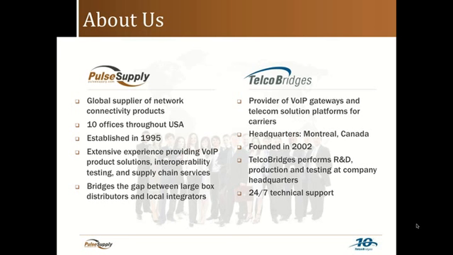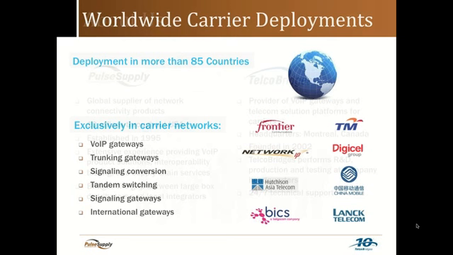The company has existed now for 10 years, and we've been able to develop a TDM and voice over IP gateway which is very flexible and has a very large number of applications in carrier networks. Some of the things we do are provide solutions for bridging TDM and voice over IP networks in the form of a voice over IP gateway.